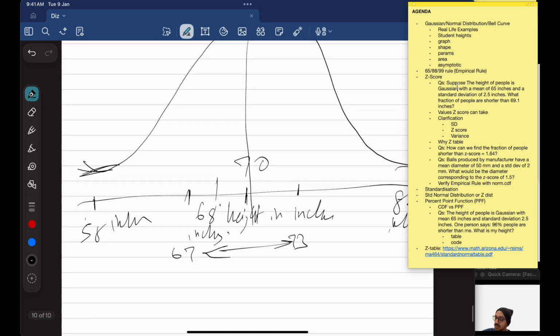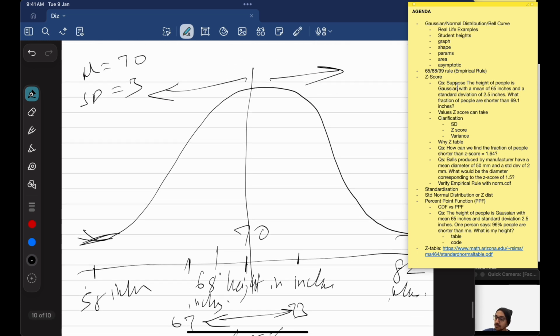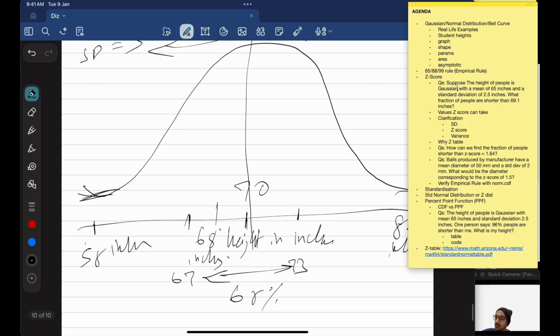So we can say 68% of data will lie within this range, but we cannot really compute the percentage of data that is less than 68 inches.